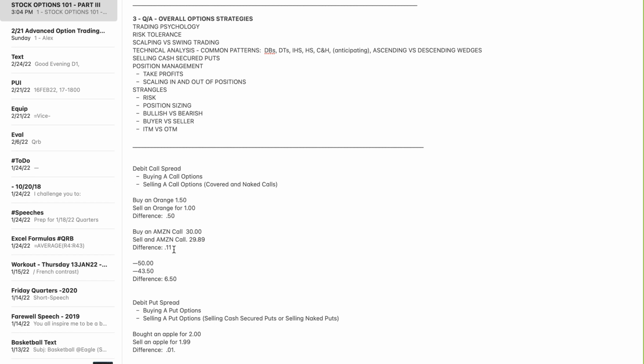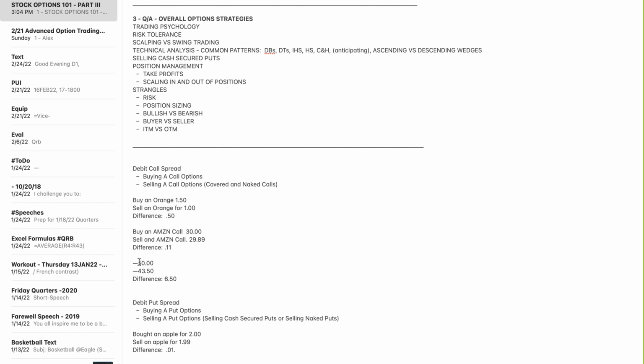In this scenario, let's say Amazon does go through the roof, and the value of this call option goes up to $5,000, and the value of the other option goes up to $4,350. You'll see that the difference would also increase, and your $11 will now be worth $650.